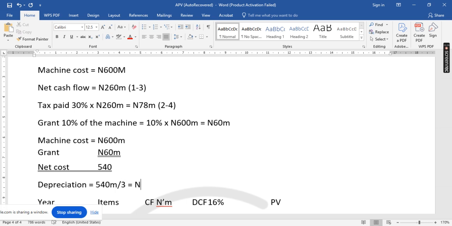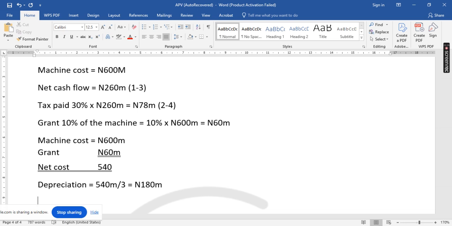What do you have, class? 180 million. And this 180 million is allowed for tax purposes. This 180 million is like your capital allowance. Don't forget, with capital allowance, you have to do your tax savings on it.